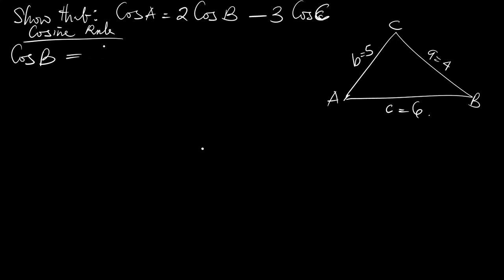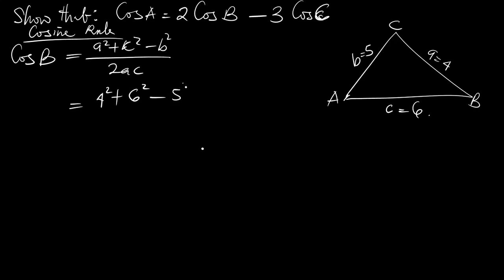Cos B is equal to a square plus c square minus b square all over 2ac. Now a is 4 square plus c is 6 square, minus b is 5 square, divided by 2 times 4 times 6.